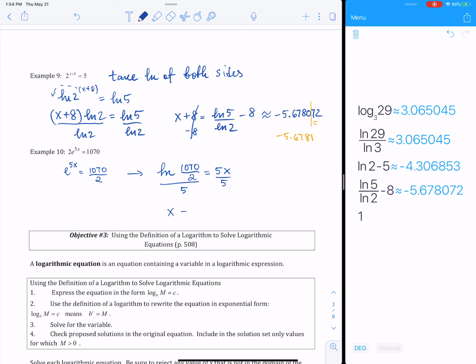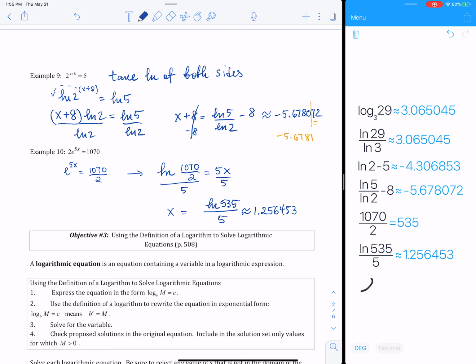So x is the logarithm of 1070 divided by 2, which is 535, divided by 5. So the logarithm of 535 divided by 5 is, rounded, equal to 1.256453.